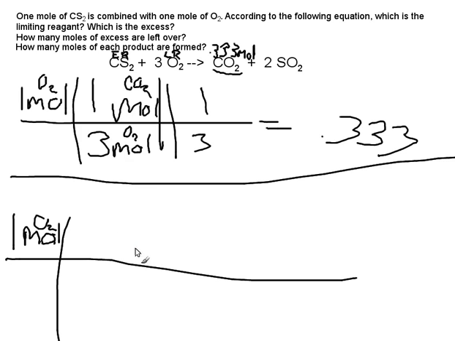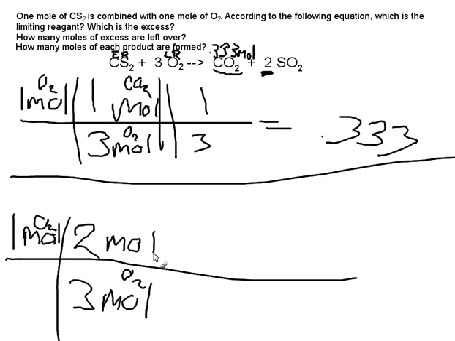We're going to bring down moles of O2, like we did up here. But instead of bringing up moles of CO2, we're going to bring up moles of SO2. Now you have 3 moles of O2. Now we're going to look at our moles of SO2. Oh, look at that. Our coefficient is a wonderful and glorious 2. So we have 2 moles of SO2.